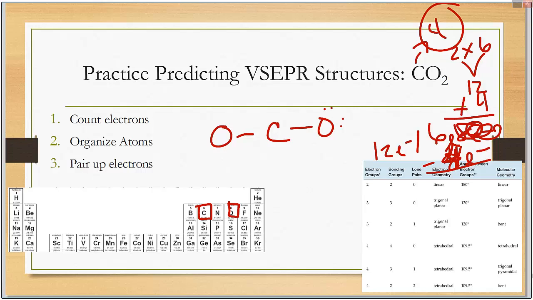Now from here, we notice that the oxygens have a full octet. Carbon does not. It has 2 here and 2 here for a total of 4. If this oxygen shares its electron, we have this configuration right here.